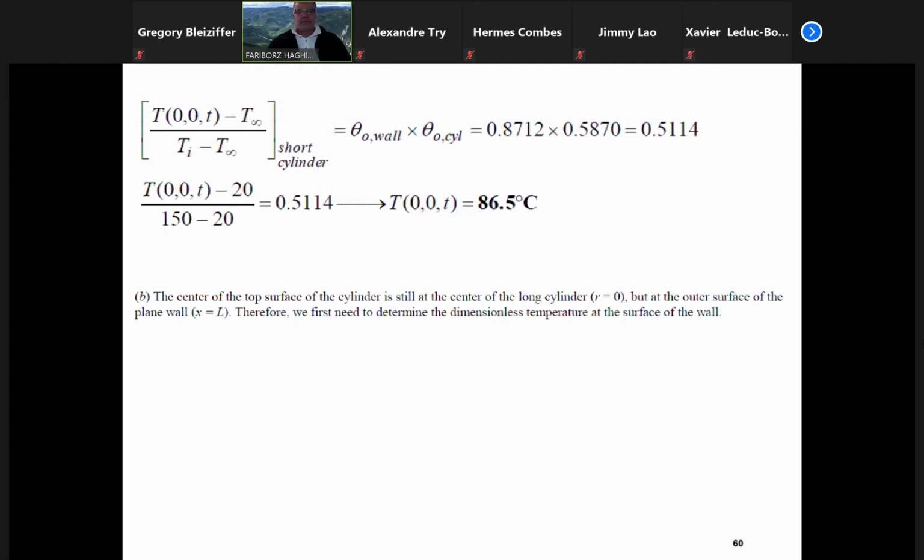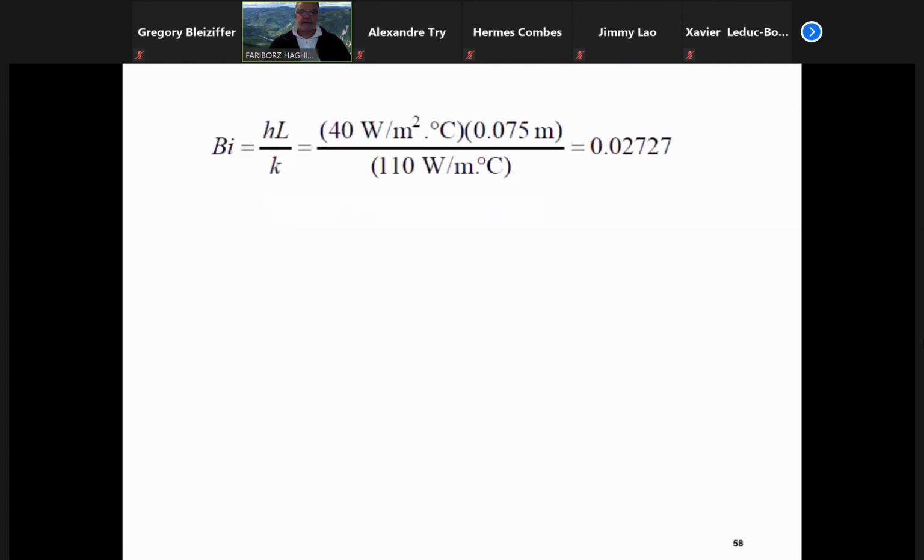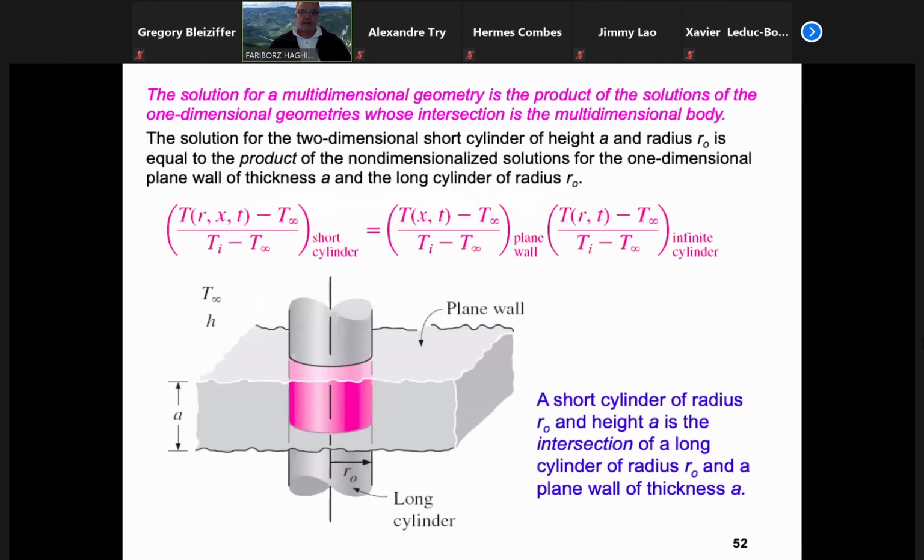Therefore, if you would like to visually find out what exactly is happening here, you would like to calculate the temperature right here at this point, at the center of the cylinder but on the top surface. It means at x equal L at the surface, but at the center line.